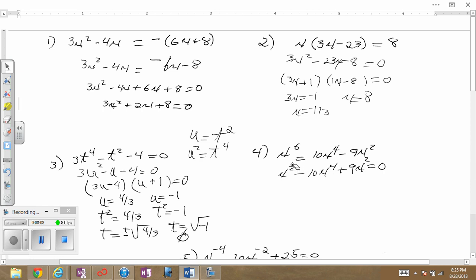And so it does have a common factor, x squared. So let's remove that. x squared is common. Leaves me with x to the 4th minus 10x squared plus 9.